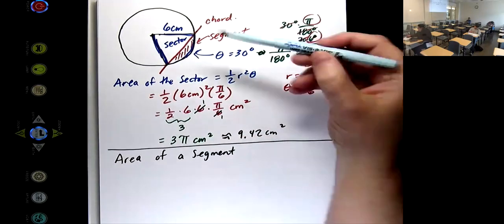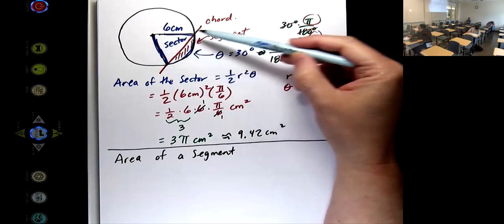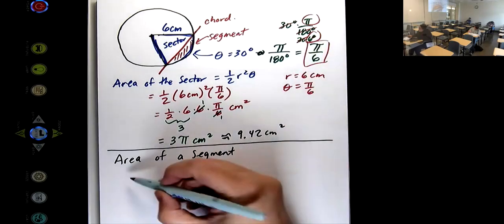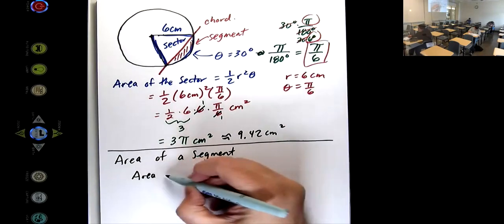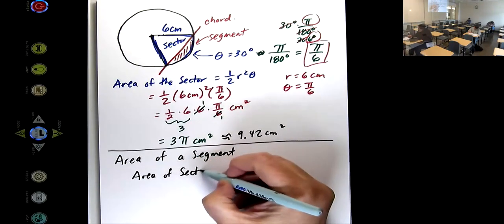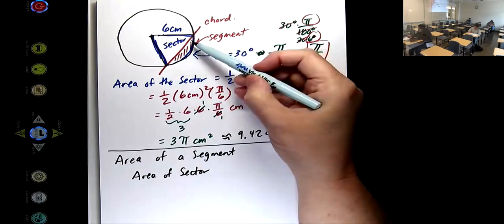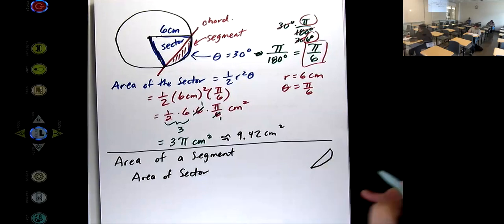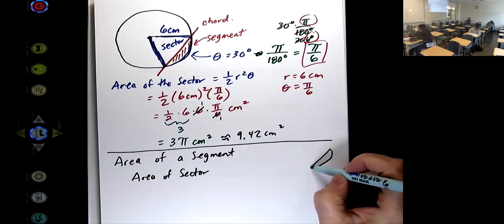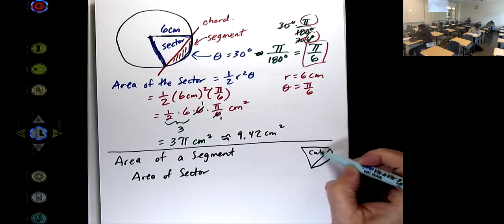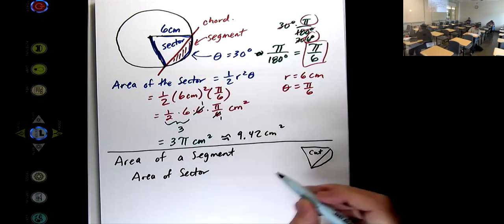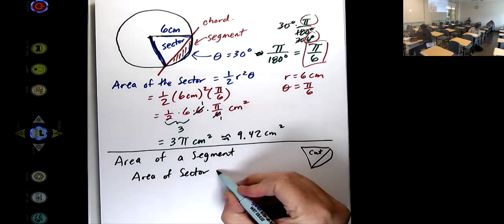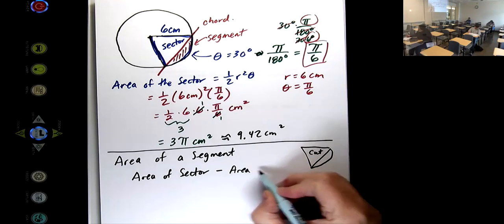What we can do is take the area of the whole sector. And we just want that wedge right there. So what we're going to do is cut out the triangle, which means we have to subtract the area of the triangle.